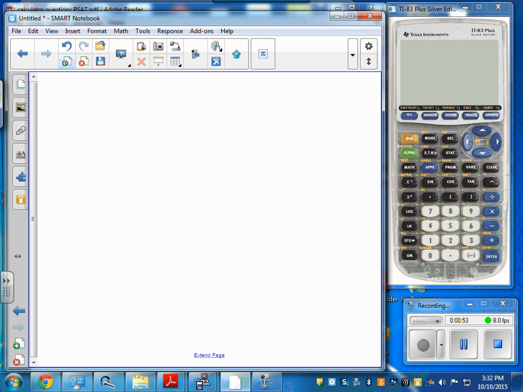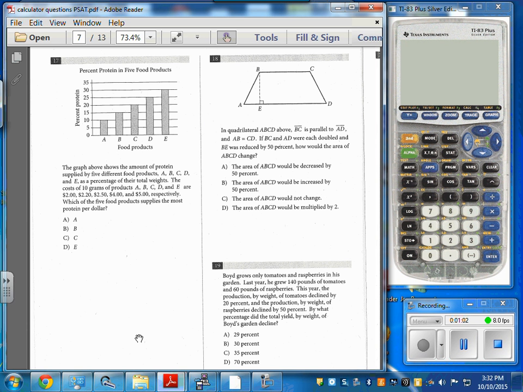So what we're looking for is the amount of protein per dollar. If you look at the graph, the protein is on the left side. So A is 10, and then 15, then 20, 25, and 30. So they go up nicely. Those are percentages, and the costs are given in the problem.